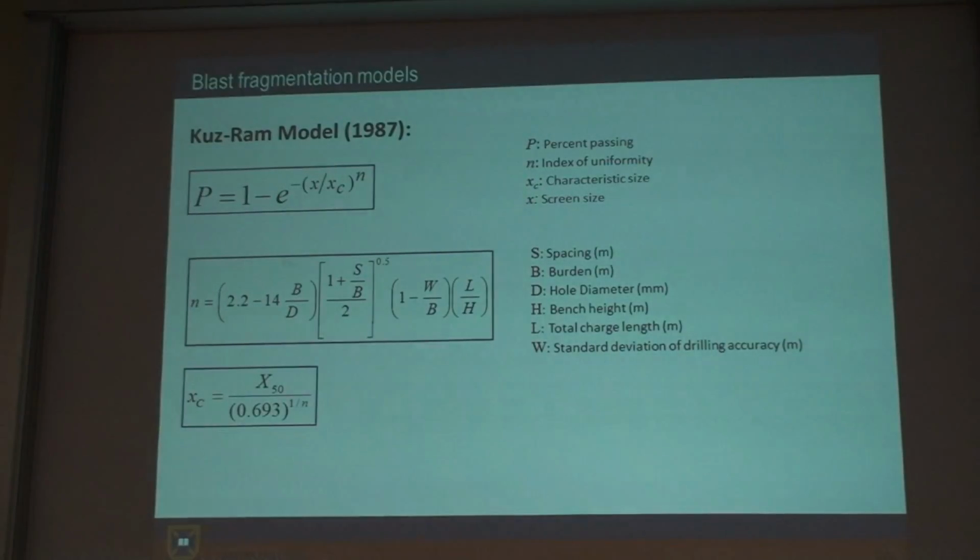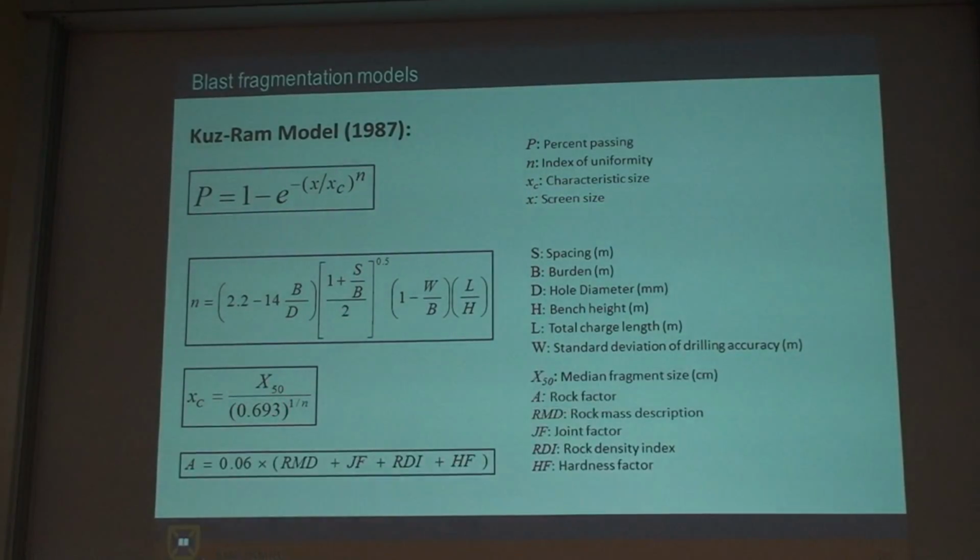Then we have the characteristic size, which we can calculate by this equation. For calculation of the median size, we can use the Kuznetsov equation, as I explained before. And Cunningham modified the blastability index by Lilly and presented an equation to calculate the rock factor more accurately.